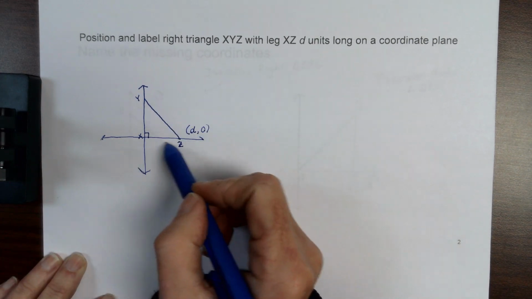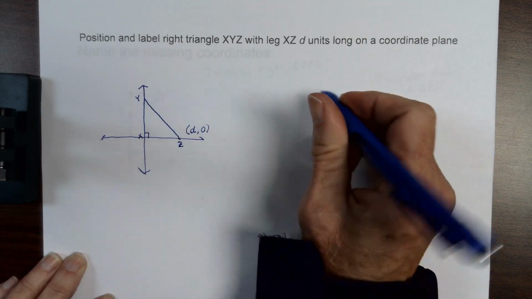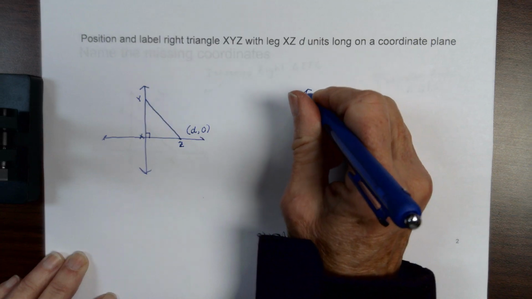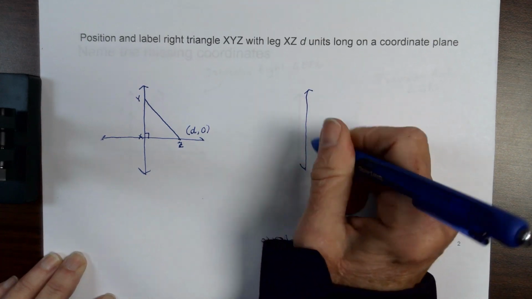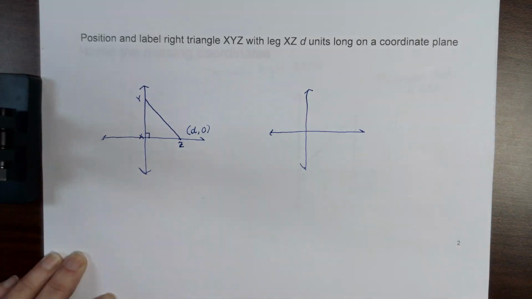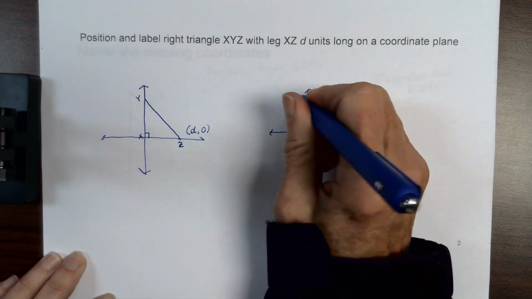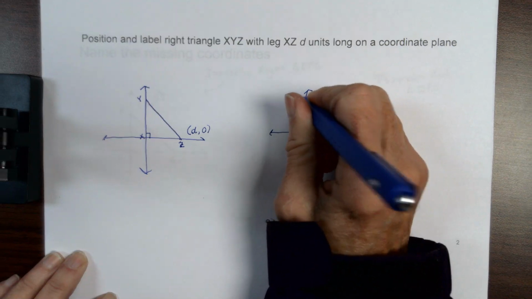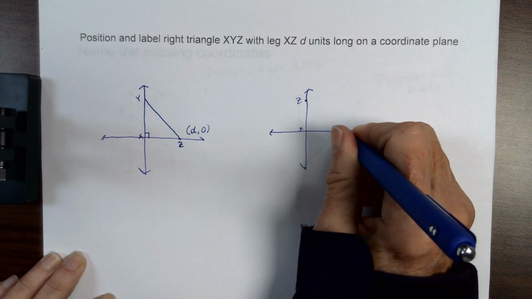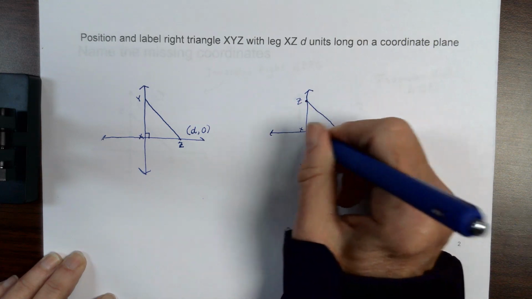Now, I don't know whether that XZ lies on the X-axis or whether it lies on the Y-axis. So, technically, I could turn around and say this is XZ and this is XY, and that's my right triangle.